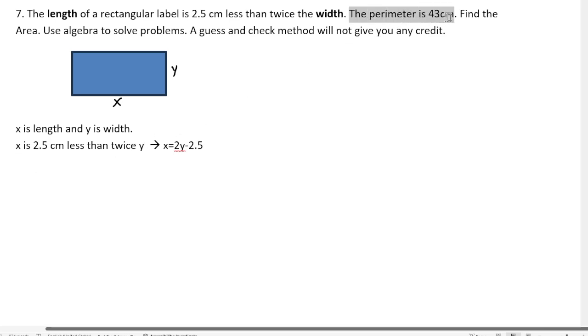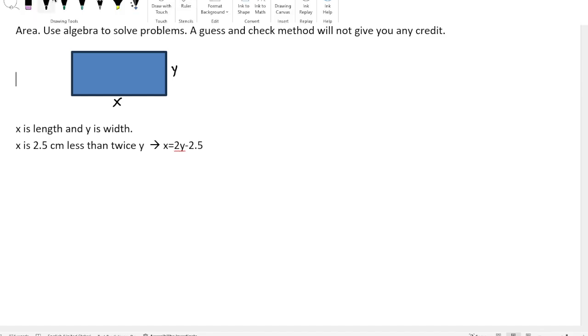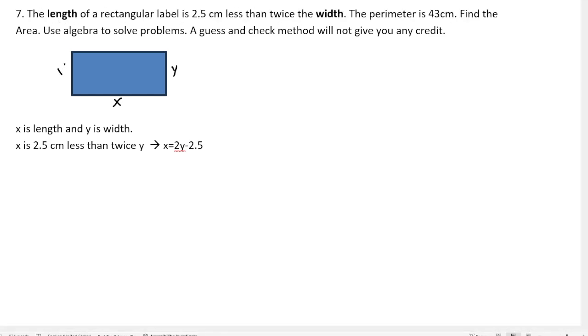All right, and then it said the perimeter is 43. Okay, find the area. So you have to find the area after finding the perimeter. Okay, so what is the perimeter? In this picture, if this is x, this is y, and you also know that this side will be y as well, and this side will be x, right? And the perimeter is the sum of all of these, so you have two x's and two y's.